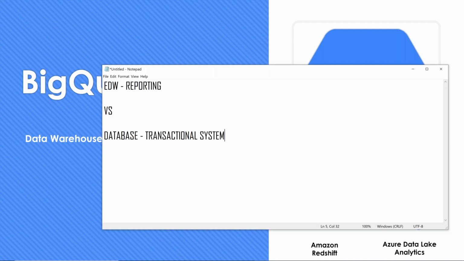When you get your salary, the information gets stored in a database: how much salary came, how much you pay for your EMIs, all those things. All this is basically a transaction. So a database is an OLTP system. Any database, MySQL, Postgres, Oracle, Microsoft SQL Server, is going to be an OLTP system.